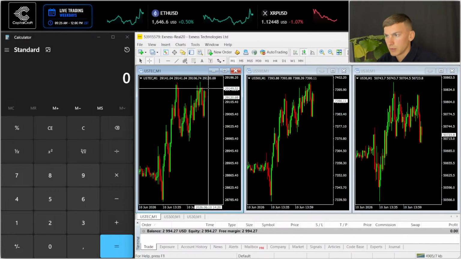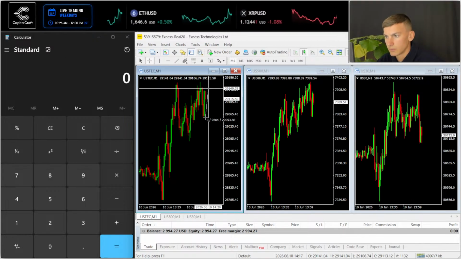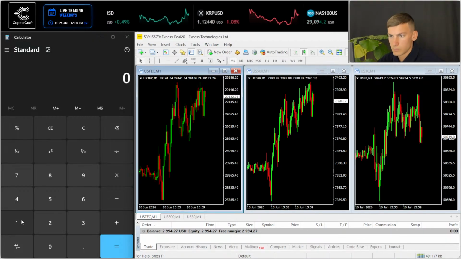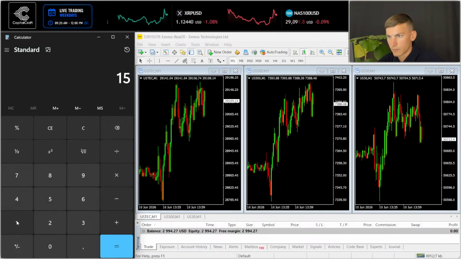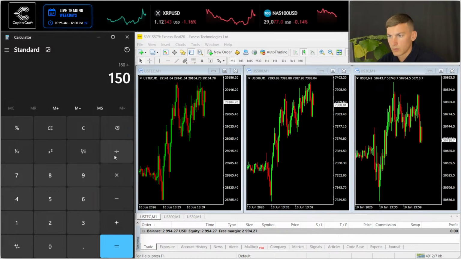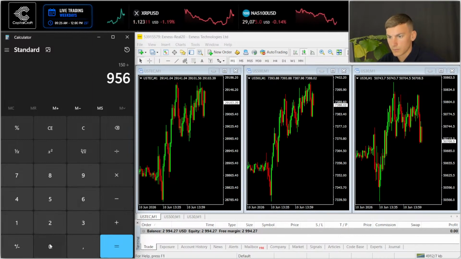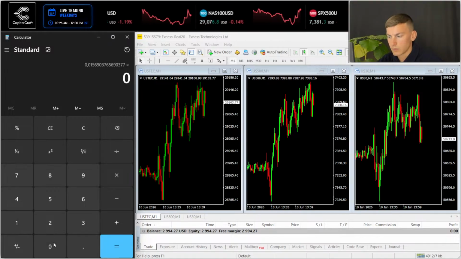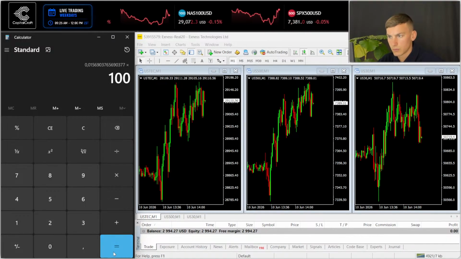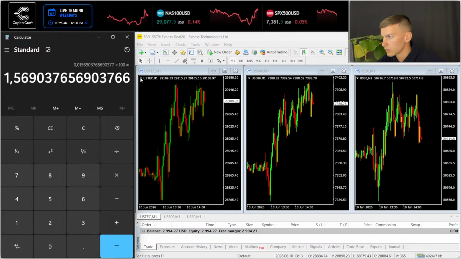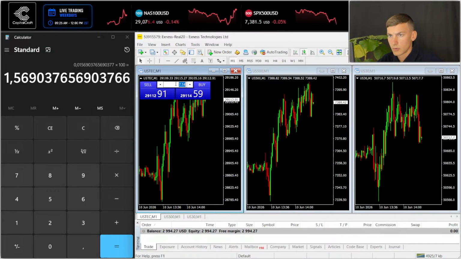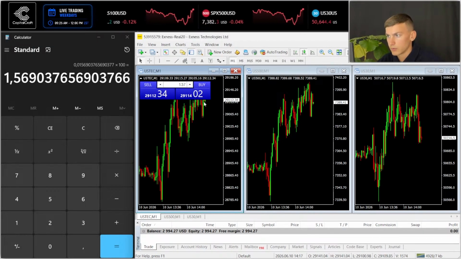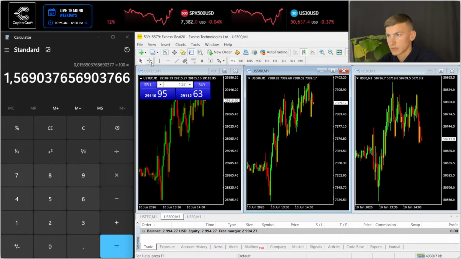Okay, so I'm going to calculate my lots for long. .57 if that is a successful scenario.